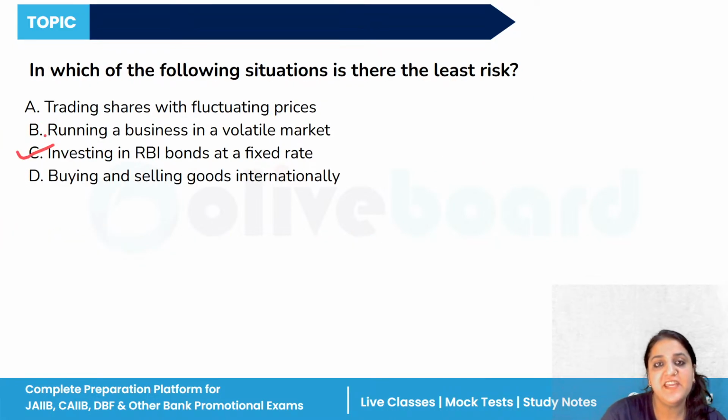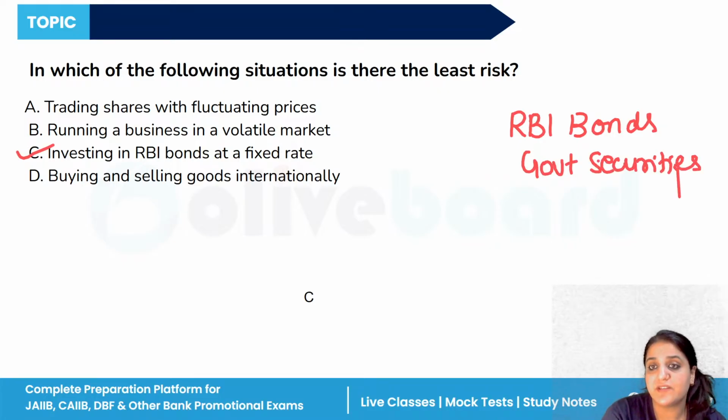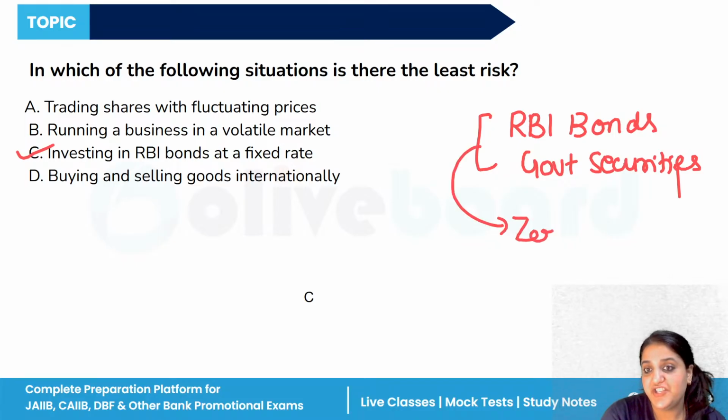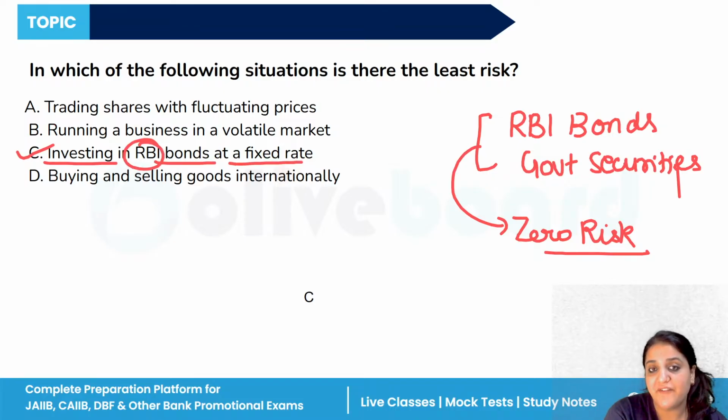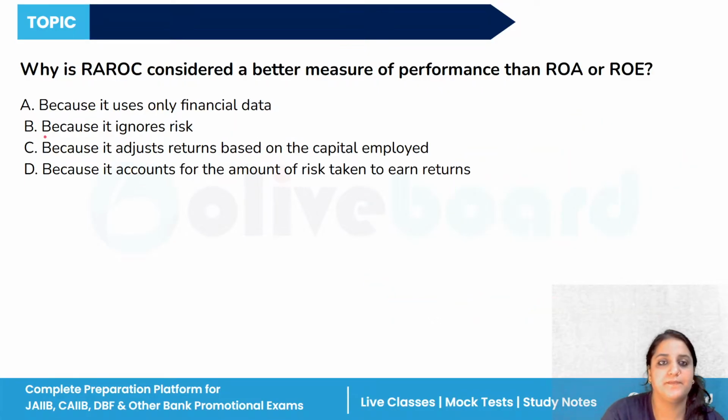Because when we invest in RBI bonds, government securities, these all have zero risk. That's why we can say that investing in RBI bonds at a fixed rate is a zero risk investment. So this is the situation that has the least risk.